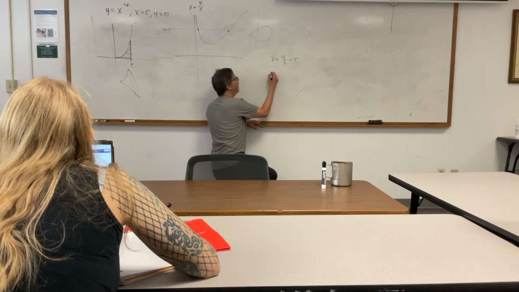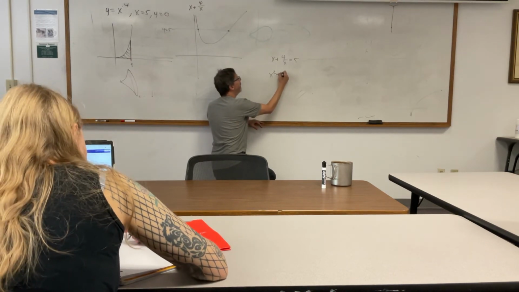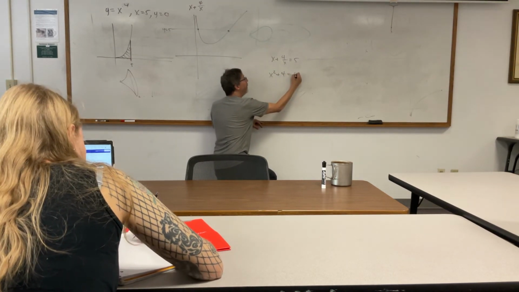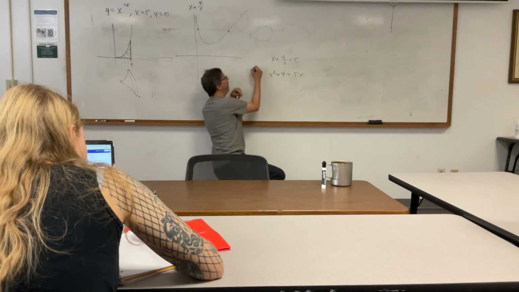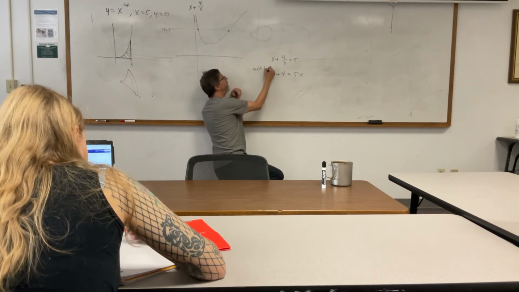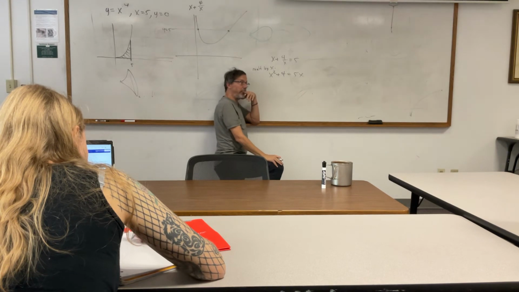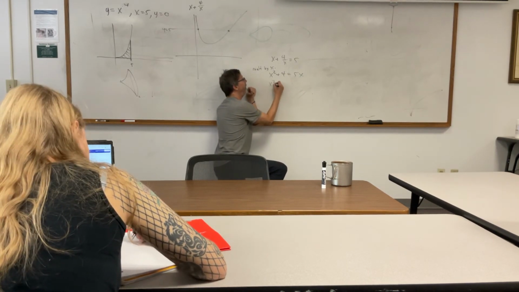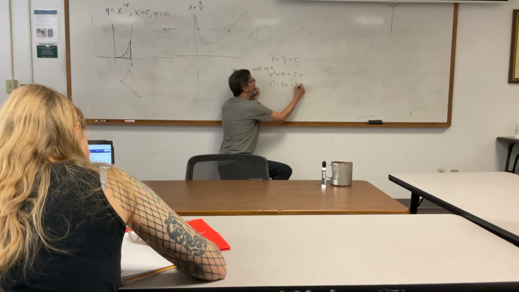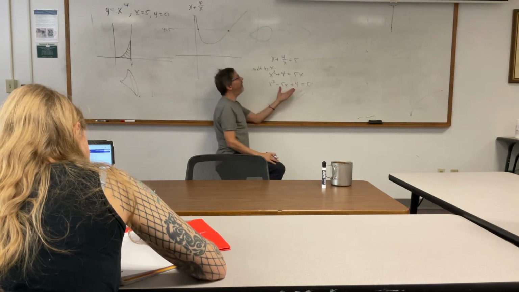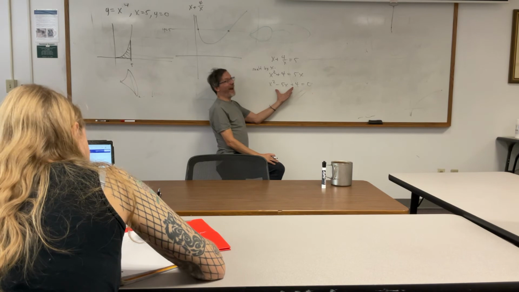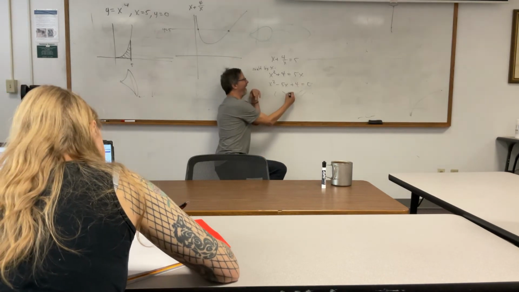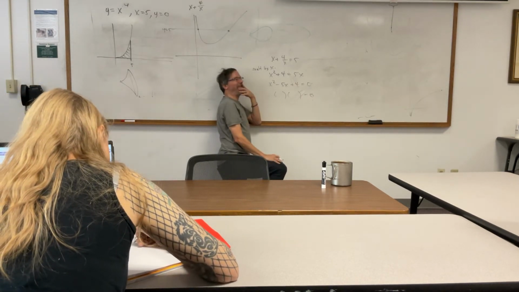So this will become x squared plus 4 equals 5x. Here I'm multiplying by x. Do you see that move? And then I'm going to bring everything to one side. And now they've made it really lovely to factor. You'll get some nice clean answers out of that.